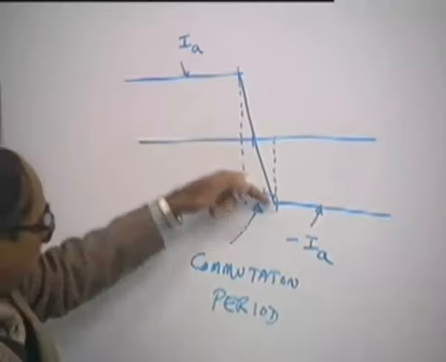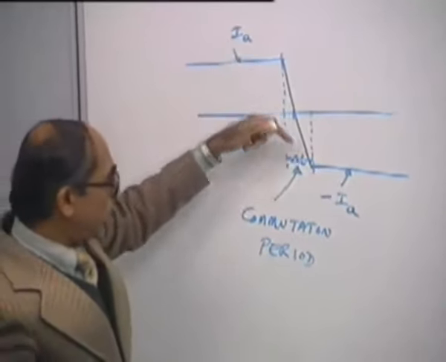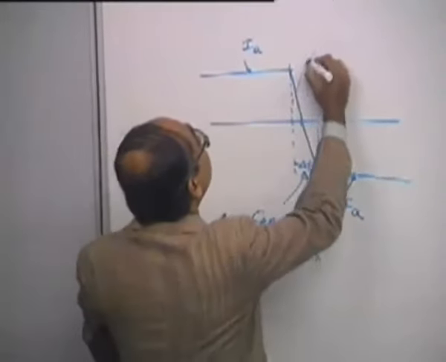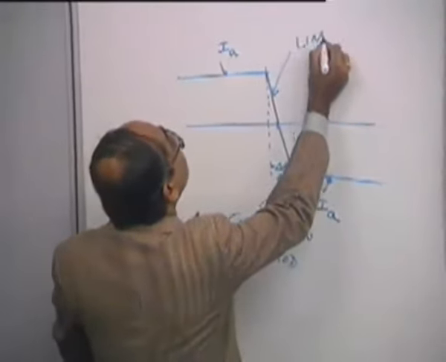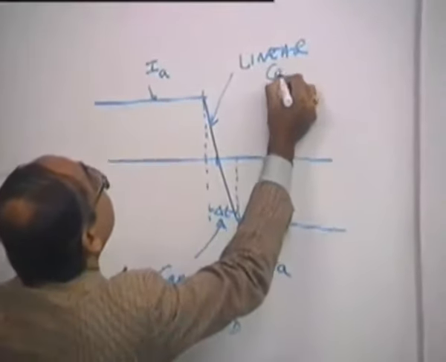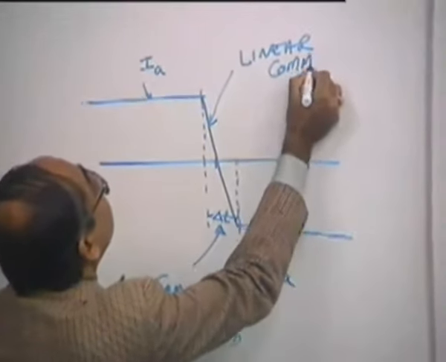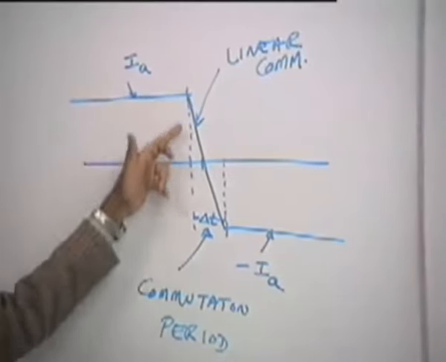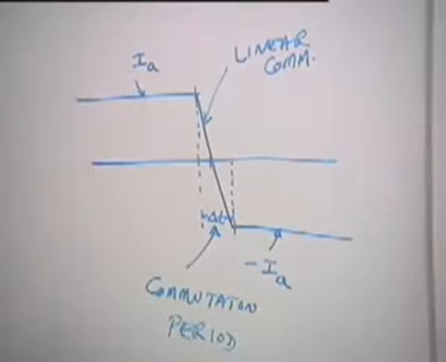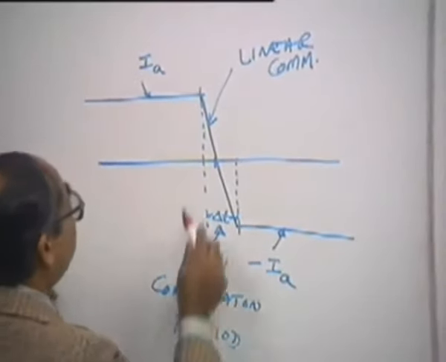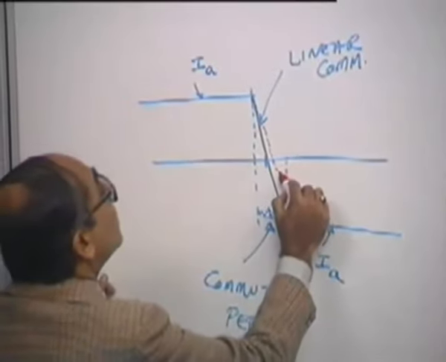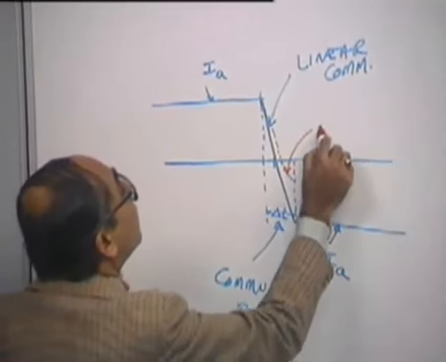And you want this change from IA to minus IA in that coil to be linear. So this is called a linear commutation, and you don't want it to be a retarded commutation or something. So often what will happen is it may not follow this path, it may follow something else. This is an undesirable retarded commutation.